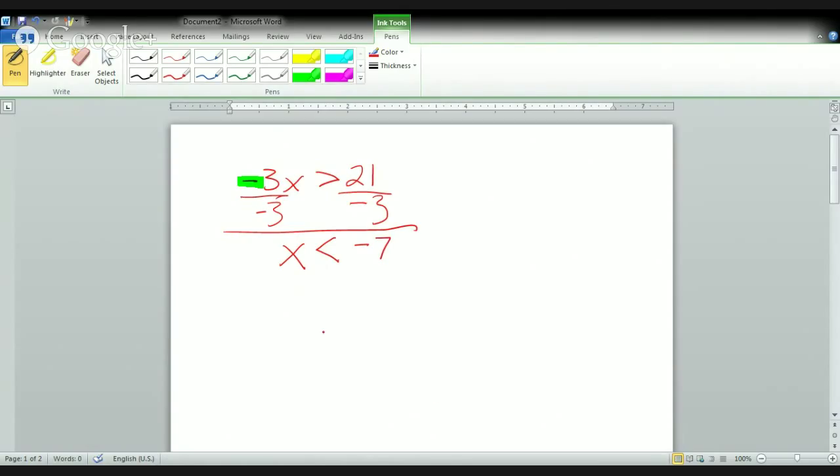So if I'm putting this into the calculator, and I'm going to rewrite it here, I say, oh look, I've got a negative coefficient on my X. So I need to come down here and drop my sign.